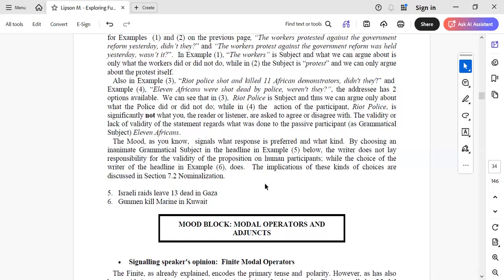That means that the choice of words in the mood, or the elements we place in the mood, communicate differently. So very strategically, newspapers and media put these elements in certain positions. The grammatical subject is a very, very important position because it allows readers to follow the argument, right? Do you understand this point now?